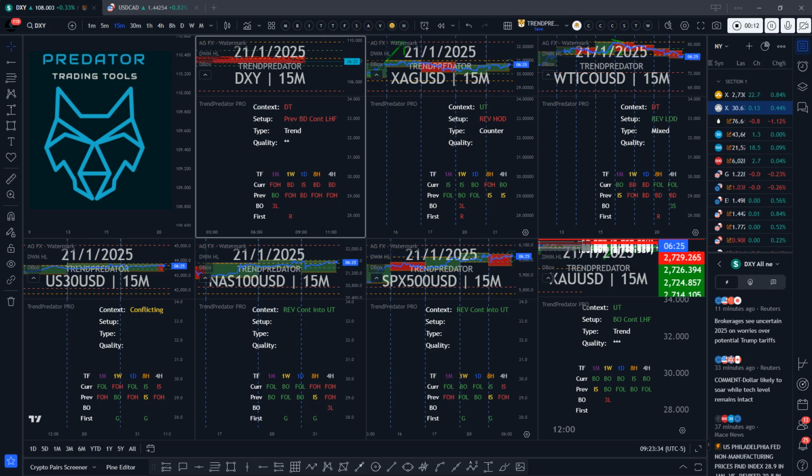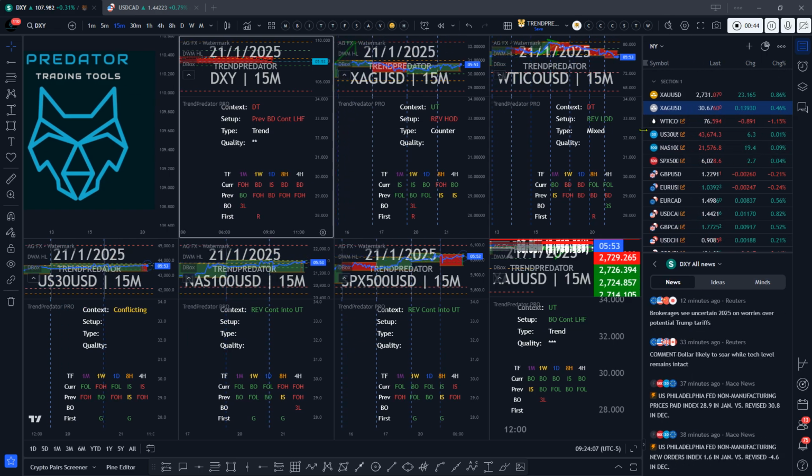But what we can do is apply the logic behind a multi-time frame continuity approach with an adaptation of the Stacey Burke system, underpinned by this superb indicator, the TrendPredator Pro, that I have applied to my go-to assets for trading.